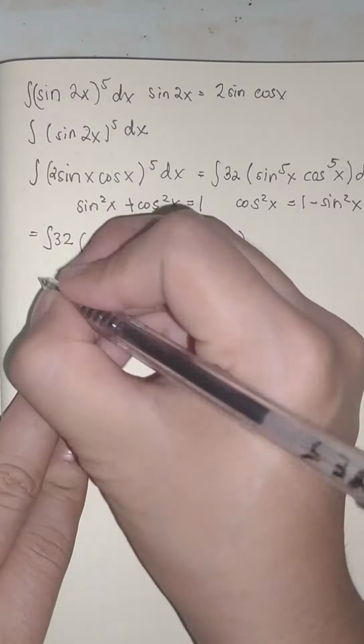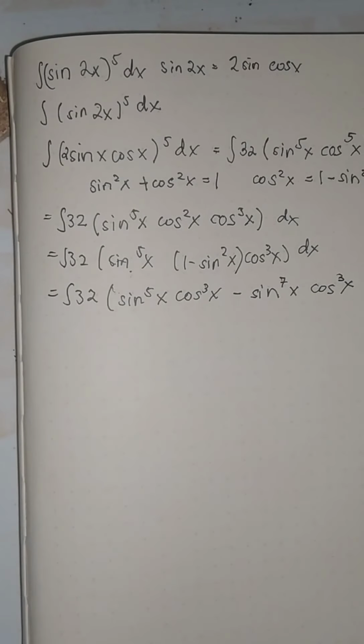Right? So we will have 32 sine raised to 5 x and then cosine cube x, and then minus sine 7 x and then cosine cube x, right?